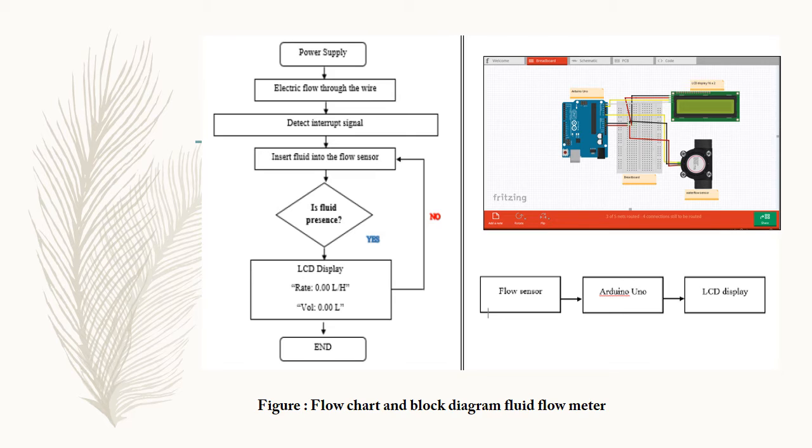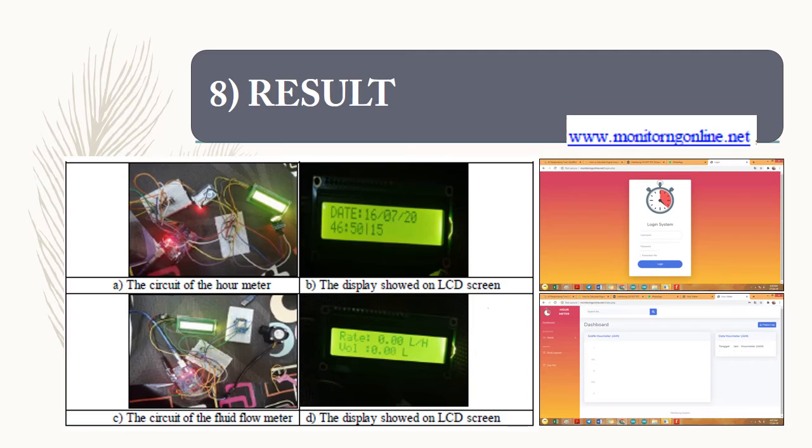If the sensor does not detect any fluid flow into it, it just displays 0 for rate and 0 for volume. From the Arduino electrical circuit, the results supposedly come out from the LCD display screen. Both of the systems are just an idea of how the system is supposed to work. From the two values, OEE measurement can be done.